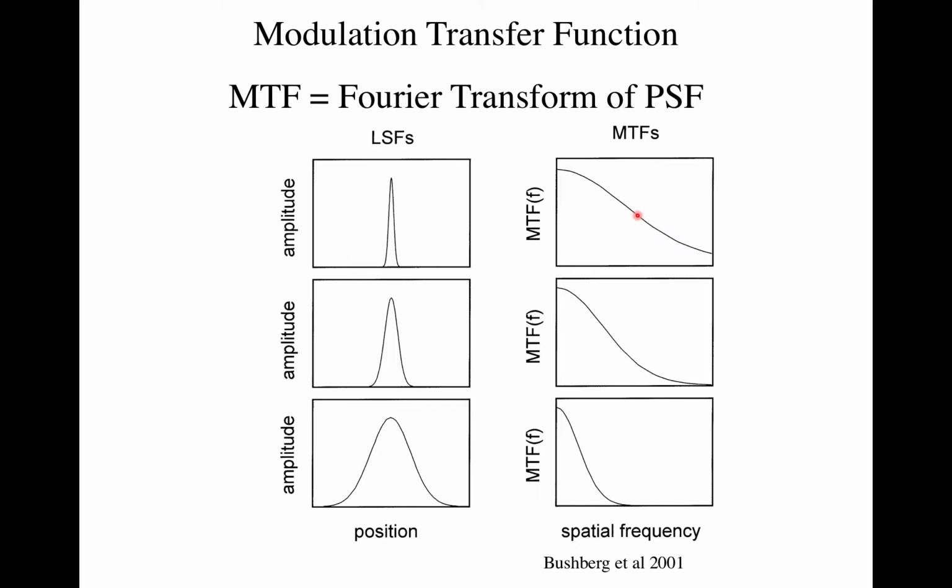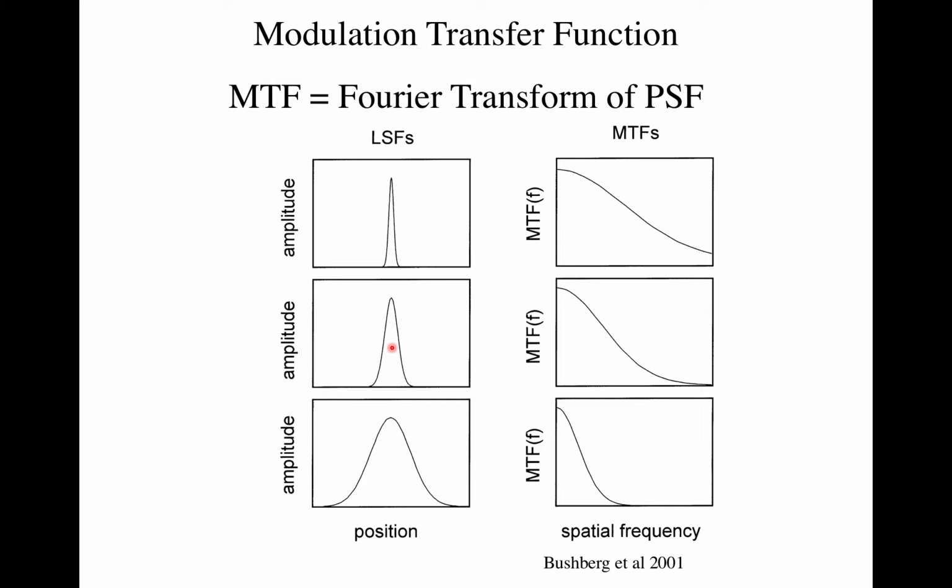And so we have, in the Fourier domain, these filters that are applied to the Fourier data, causing the shape of this function. And as that filter gets narrower in the Fourier domain, then this point spread function or line spread function gets broader.